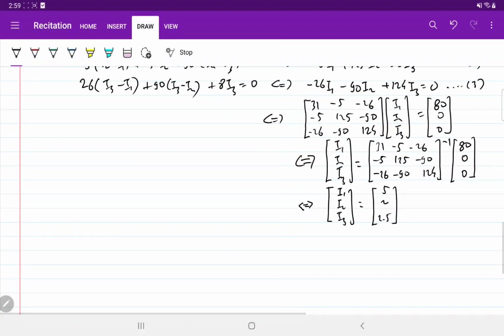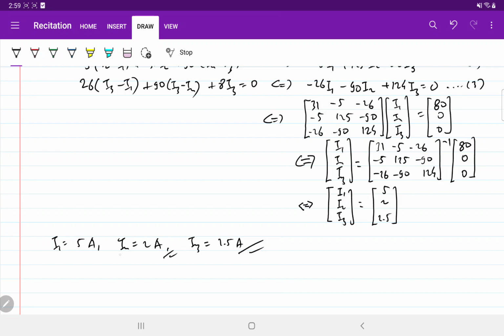Okay, it means that I1 is 5, sorry, I2 is 2, I3 is 2.5.